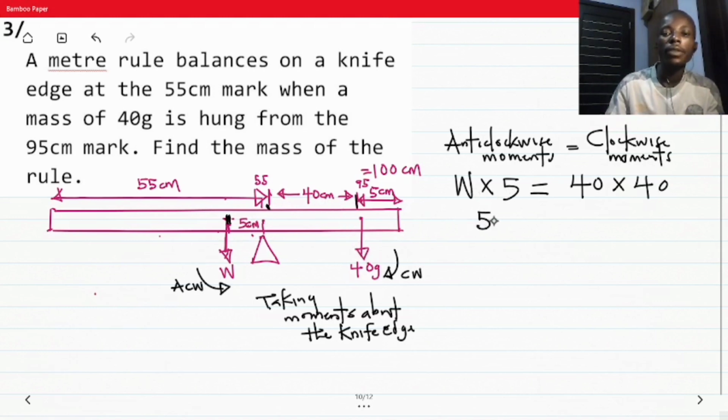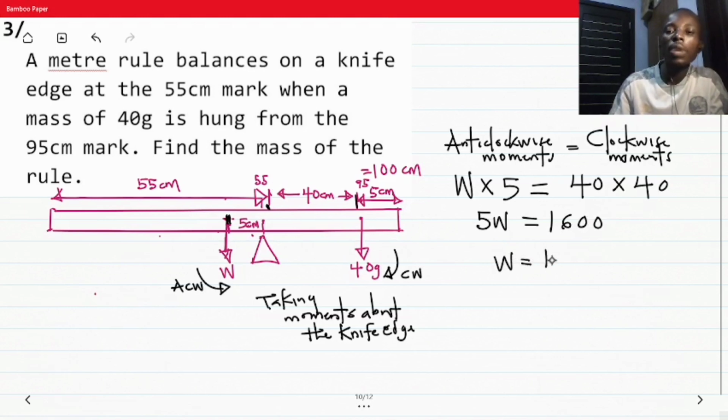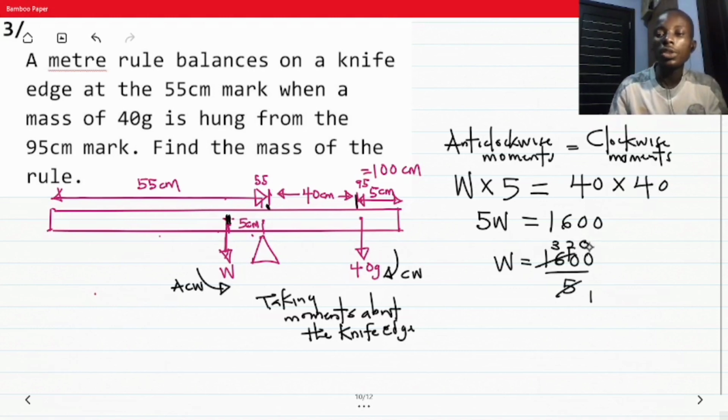I have 5W equals 1600. So when I divide both sides by 5, I have 1600 divided by 5. 5 into 16 is 3, remainder 1; 5 into 10 is 2; 5 into 0 is 0.